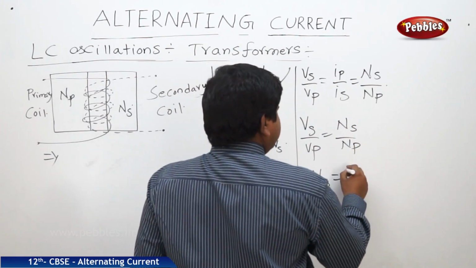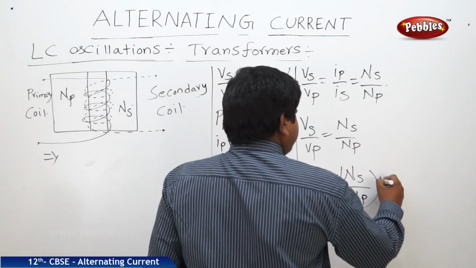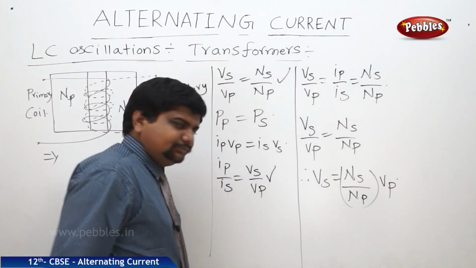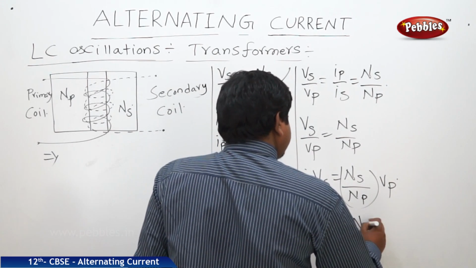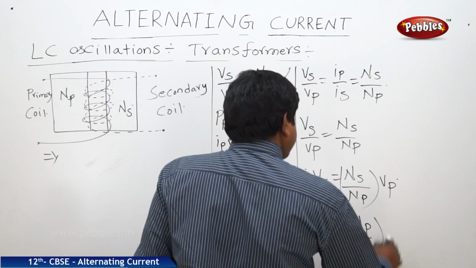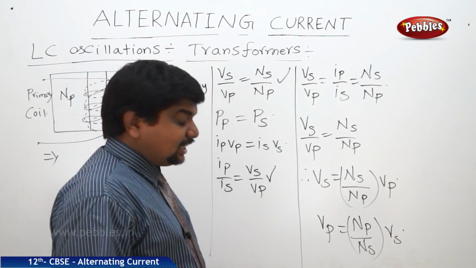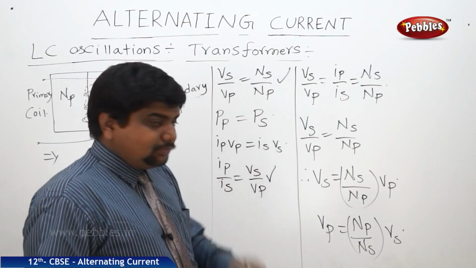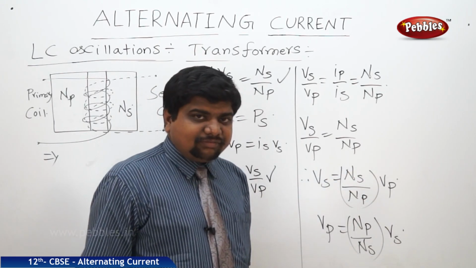Therefore, Vs is equal to Ns by Np into Vp. Such like that, Vp is equal to Np by Ns into Vs. Vs is voltage through secondary coil, Vp is voltage through primary coil. Ns number of turns in secondary, Np number of turns in primary.